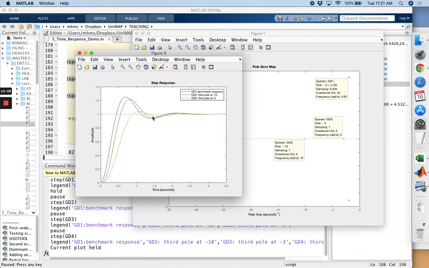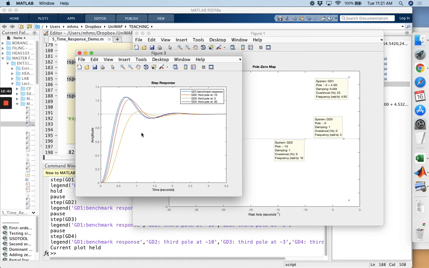Let's see another system with a third pole at negative 30. This is a third order system, and the third pole is located at negative 30. You can see here the purple plot is much closer in shape to the blue plot.